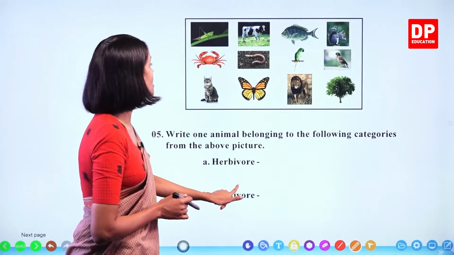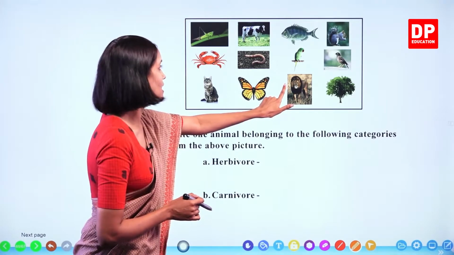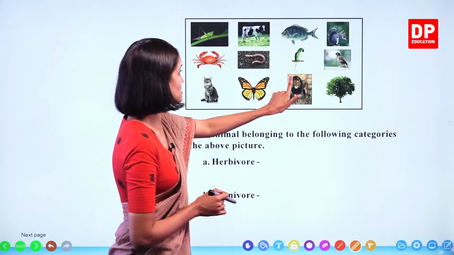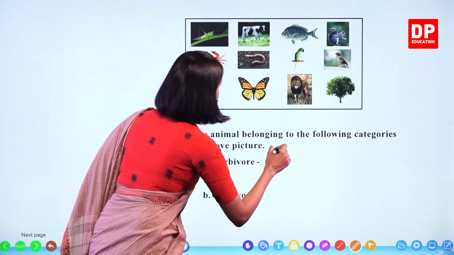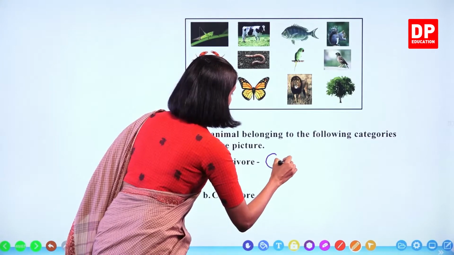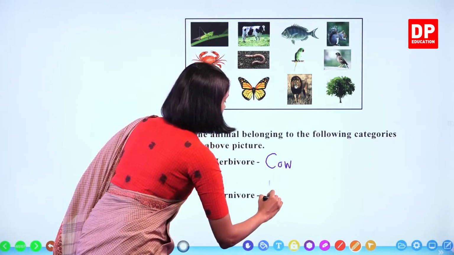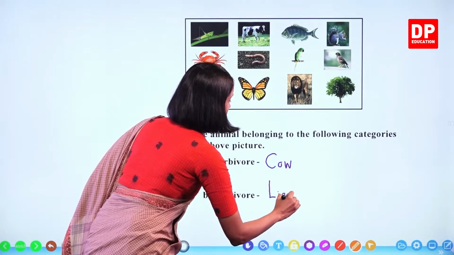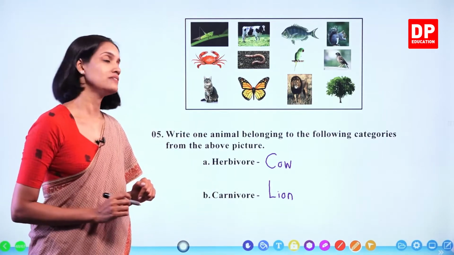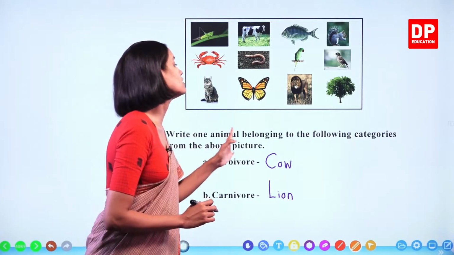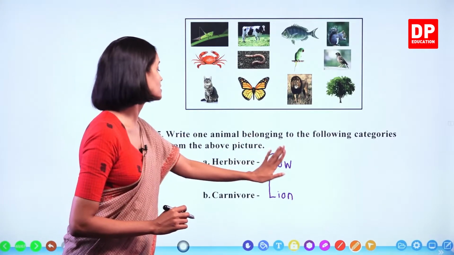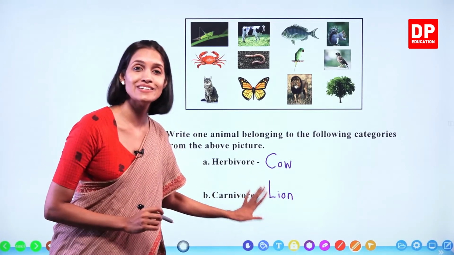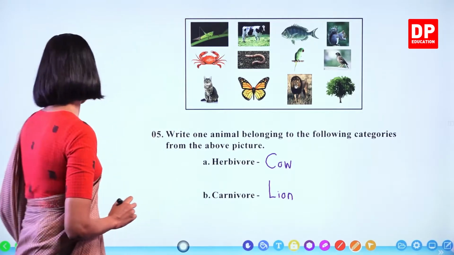And carnivore, lion is a carnivore. Okay, children, lion is a carnivore. We can write: herbivore, cow; carnivore, lion. Right? We'll move on to the next.